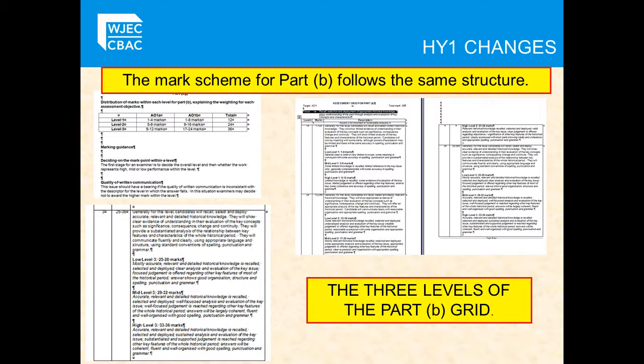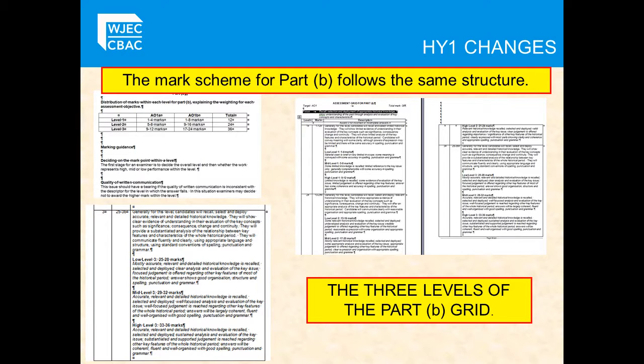Obviously, the structure for Part B follows the same system, and there is no need for me to go through that again here. You will notice that the descriptors for each sub-part of the level now gives more information than before on the quality of response required.